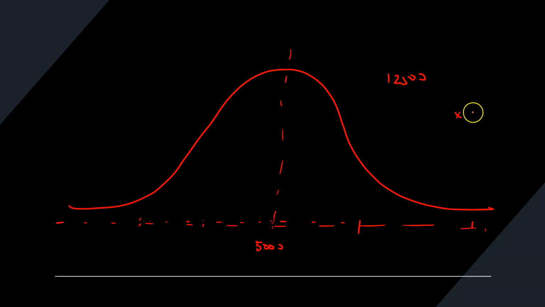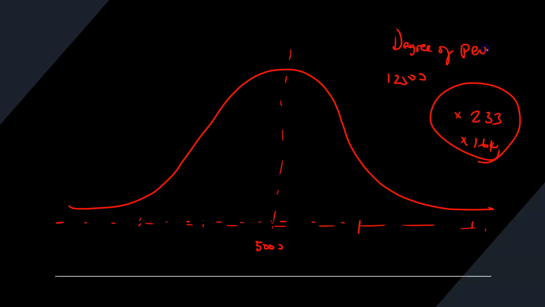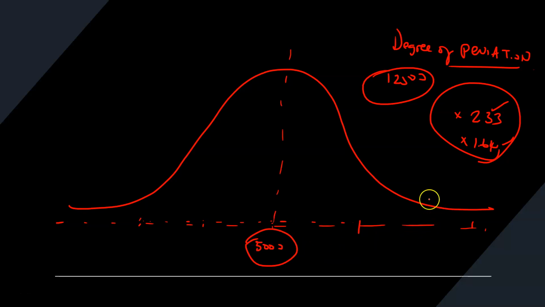For example, we found the Z-score like 2.33 or 1.64 to understand the degree of deviation. So what are you always doing? You take the Z-score, apply it to the deviation, and then adjust the starting figure for that deviation, and you will arrive at your new figure. And then you can make a decision about that new figure.